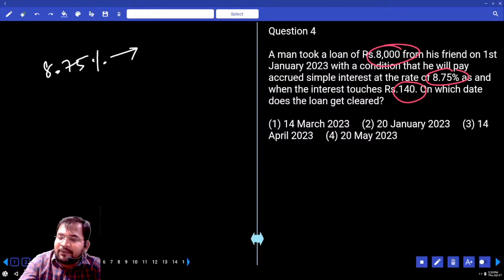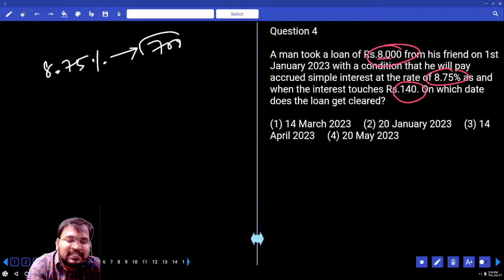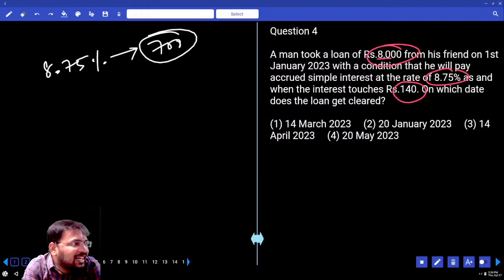Or 8.75 percent of 8,000 is how much? 1% is 80, so 8% is 640. Next, the 0.75: 1% is 80, half percentage is 40, 0.25% is 20, that is nothing but 60. 60 plus 640 is 700. So 8.75% is 700, and this 700 is 1 year interest.